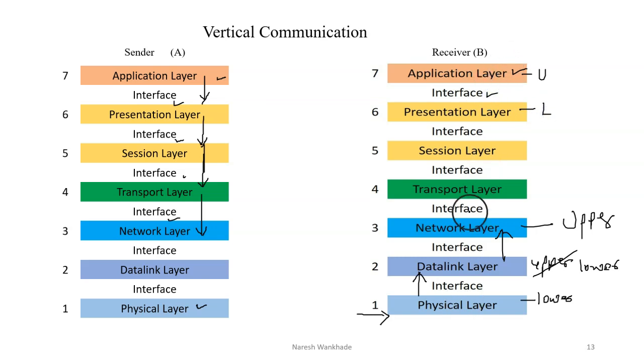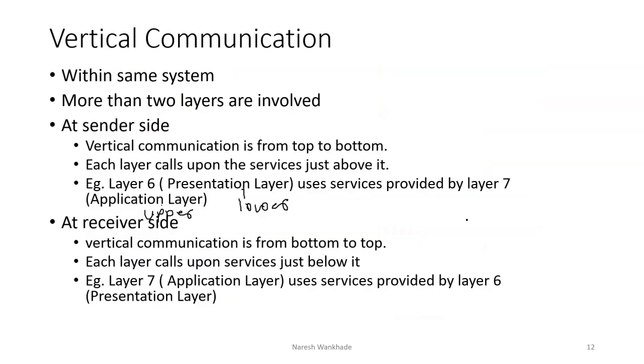So this happens within same system from bottom to top direction. That is known as vertical communication at receiver end. For example, we have already seen that application layer, which is upper layer, uses the services provided by presentation layer.